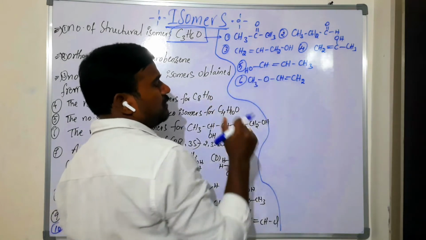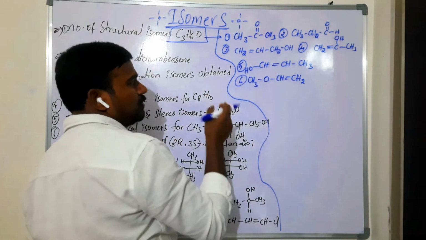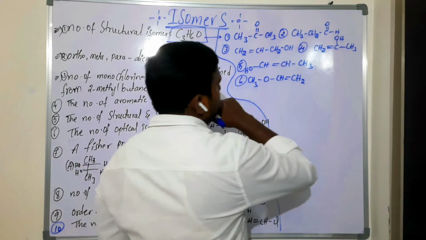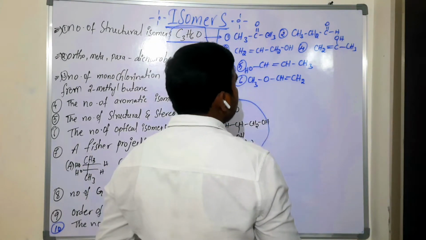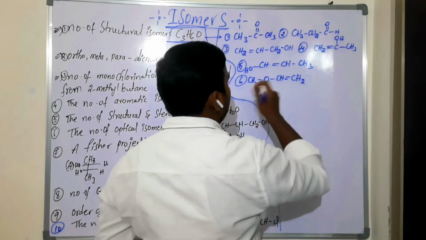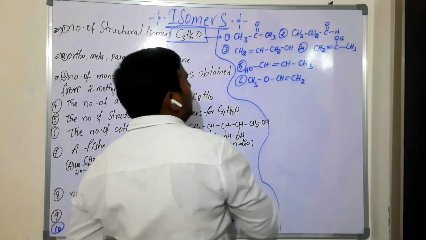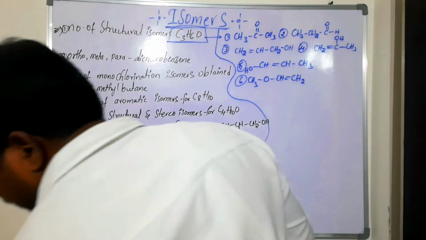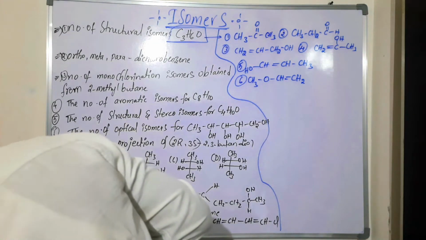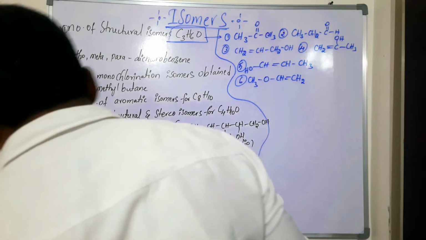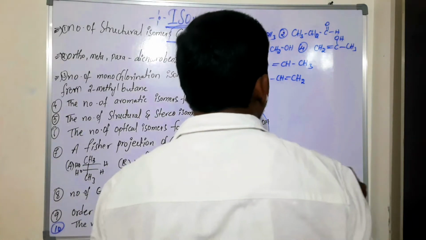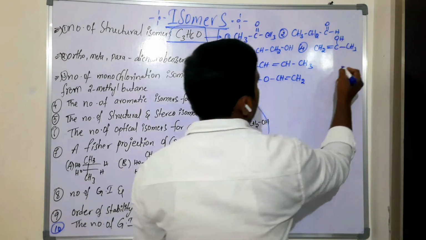Both have the same molecular formula but different functional groups, so they come under functional group isomers. Next you can take another ether, which is another functional group isomer. Now what is the number of structural isomers for C3H6O? A total of 6 isomers. Out of these, you can take one more, the ring chain isomer.